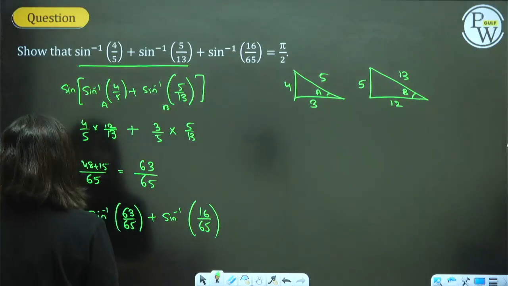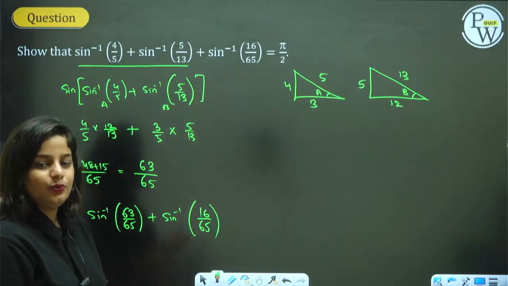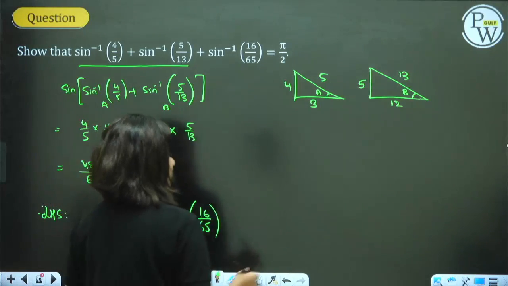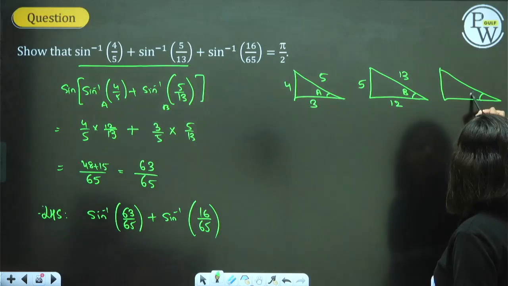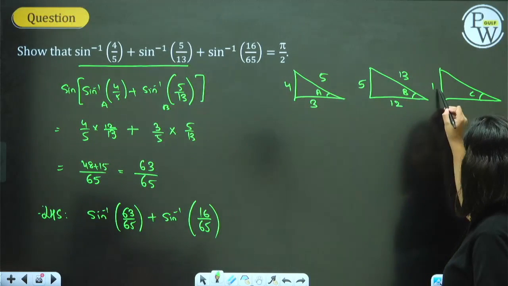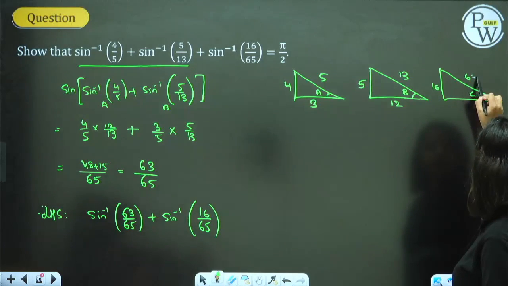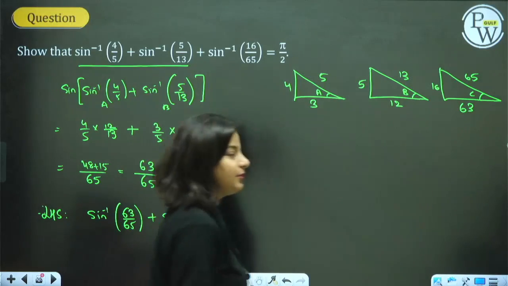I can also do one good thing here. You know what? Can I write this sine inverse of 16 by 65 from another triangle, which is C. 16 is opposite, 65 is hypotenuse, so this side should be 63 according to the Pythagorean triplet.